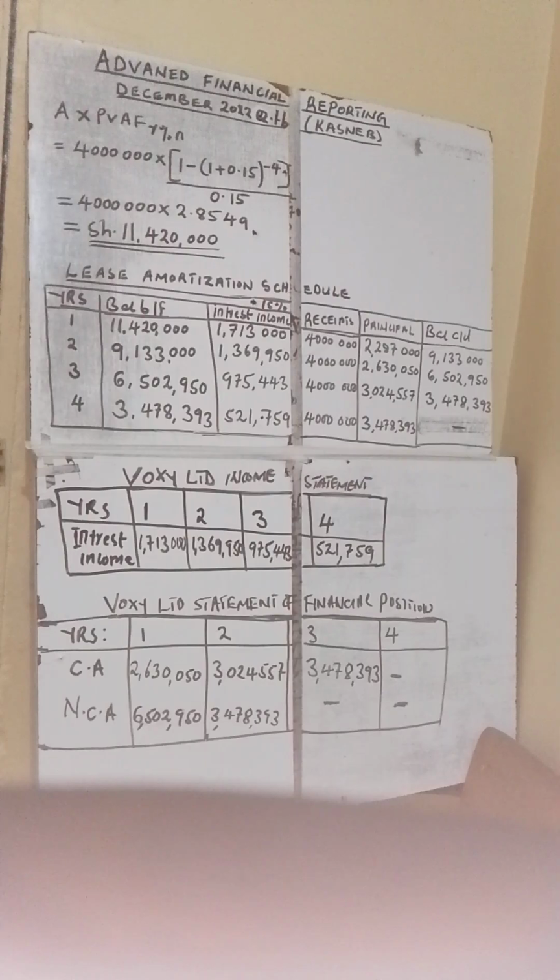Costs, including depreciation incurred in earning the rental income, should be charged to the income statement.